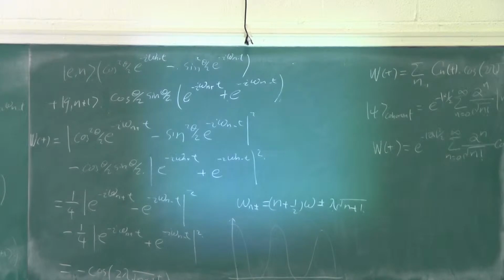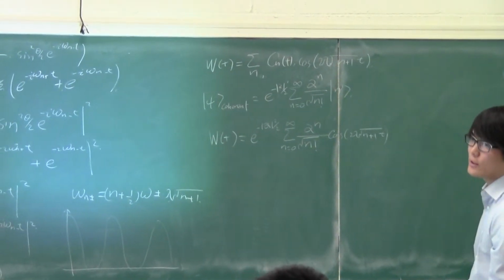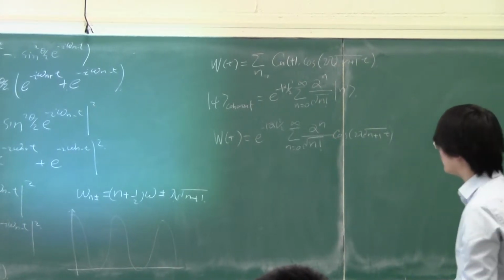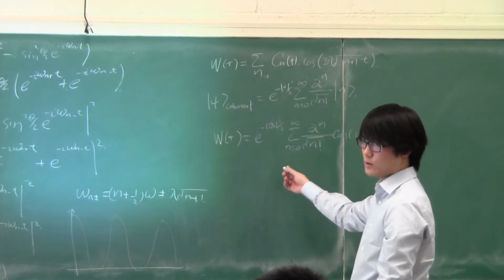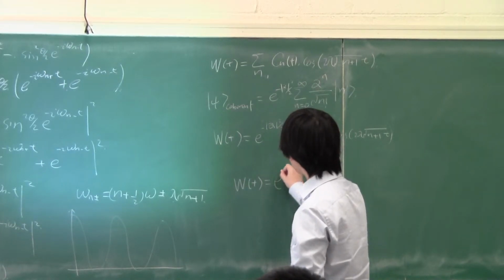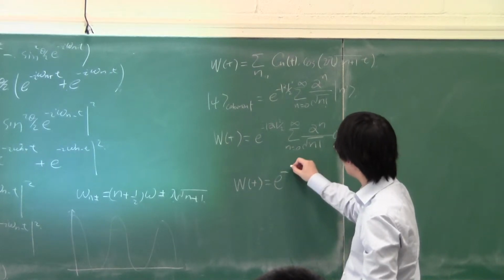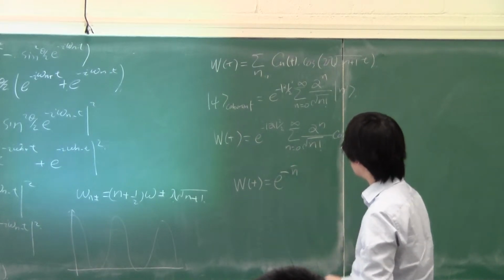So now, let me tell you that the coherent state can be written in terms of the expected number of photons in a different way that's more convenient to work with. I'm going to write this as e to the minus this thing.